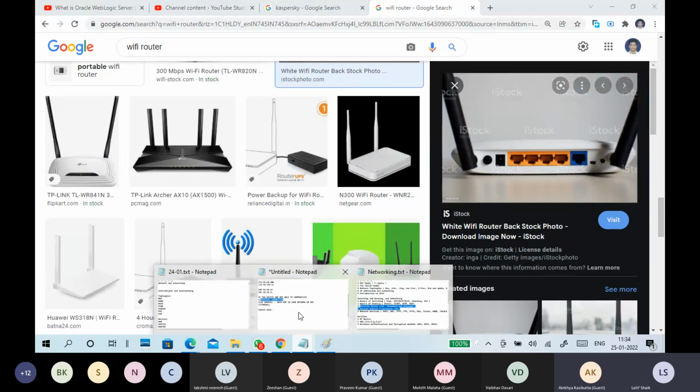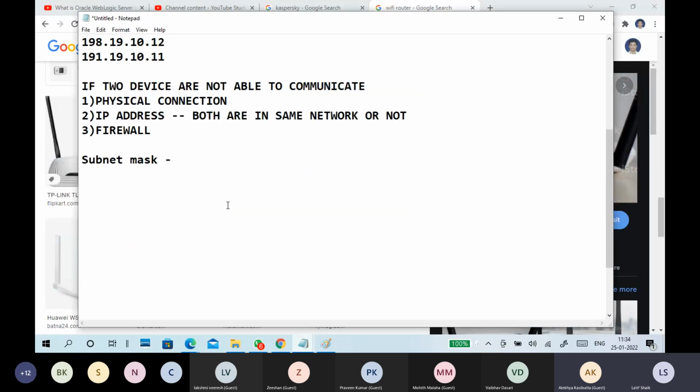If the internet is not working, I wanted to tell you about the subnet mask, but you guys skipped it. So now, if the internet is not working, this is the question.